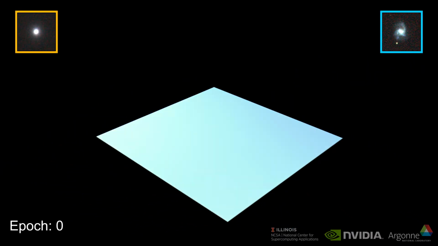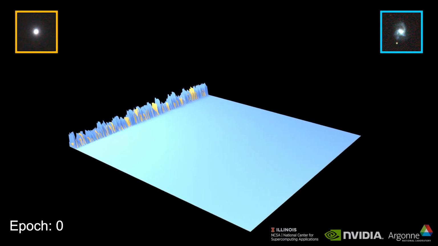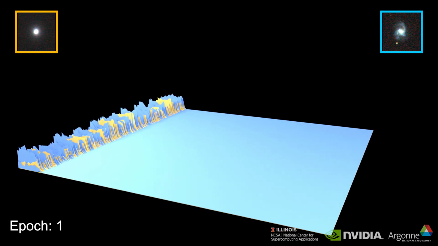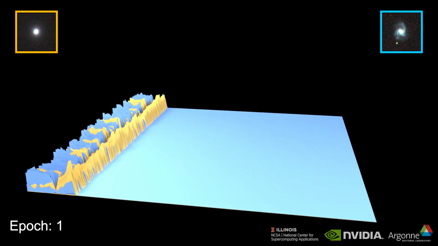Let us see the network being trained again on these two images and overlay the outputs to highlight the differences at different stages.